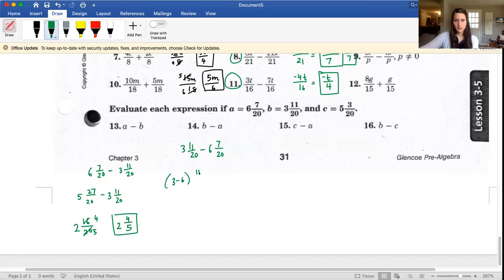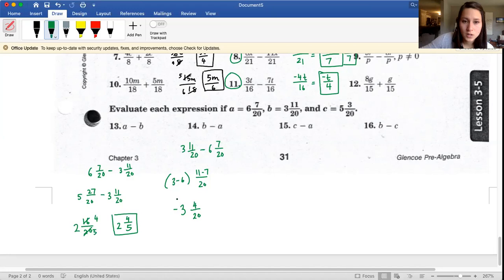And then I've got 11 minus 7 over 20. Okay, so 3 minus 6 is going to be negative 3, and 11 minus 7 is 4 over 20.